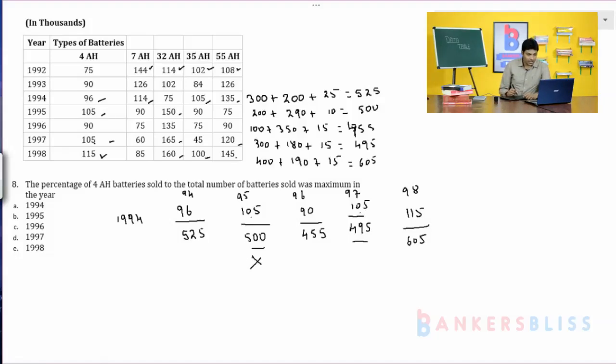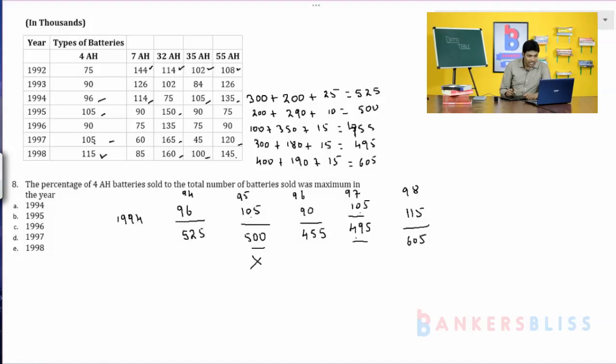Okay, so next, see here, again 96 by 525, 90 by 455, 105 by 495, 115 by 605. So among these 4, which is the highest one you have to calculate. See here, 96, here 105, 525, 495.